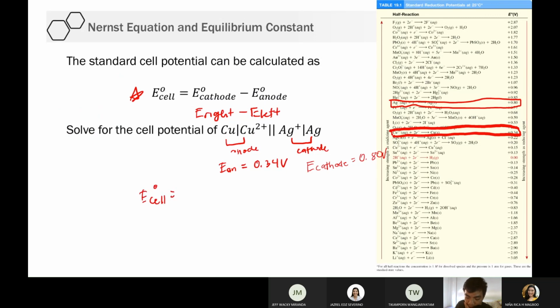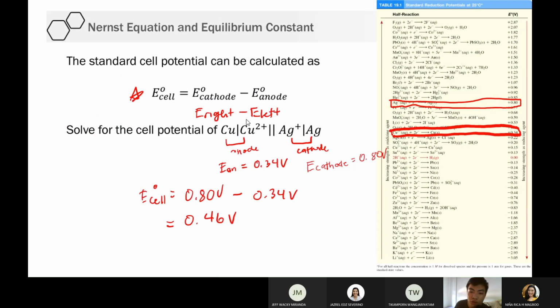E naught cell equals, for the cathode, 0.80 volts, minus, for the anode, 0.34 volts. So what's the difference? 0.8 minus 0.34, so the cell potential is 0.46 volts.